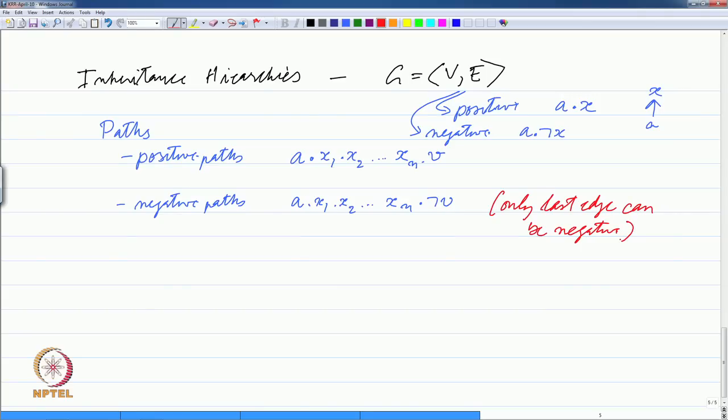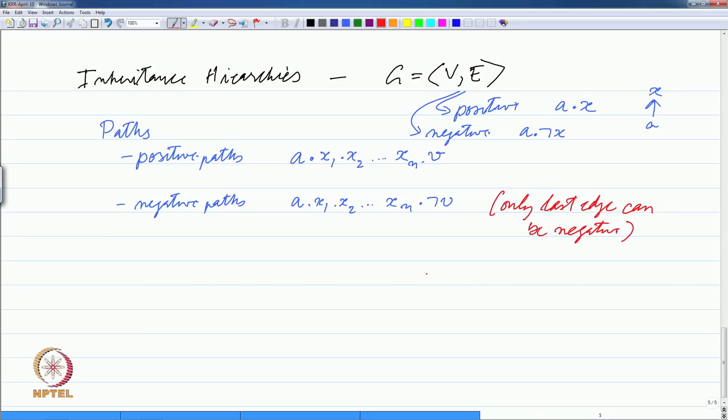Now, the reason for that is it does not really make sense to have a path which has more than one negative edge. So, for example, if I say that Nemo is not a mammal. Okay.